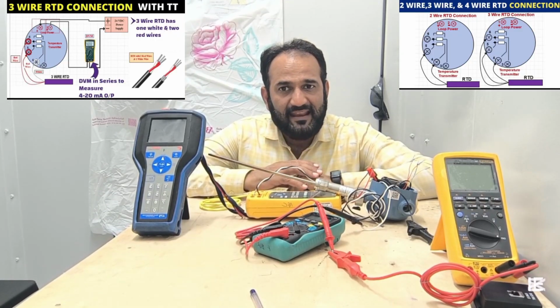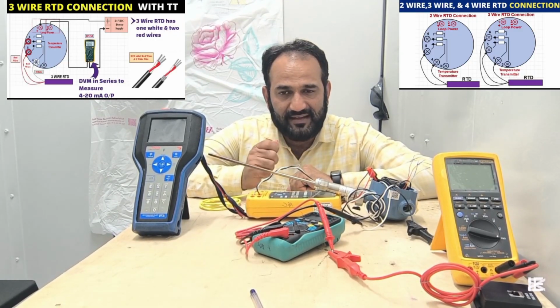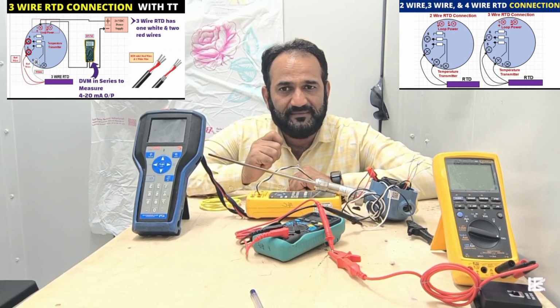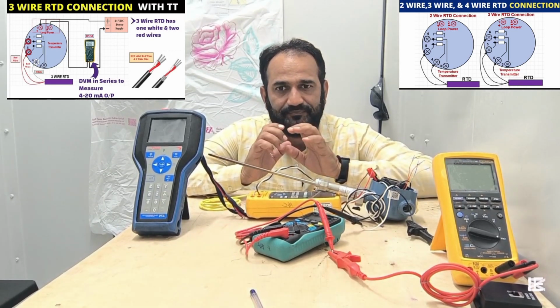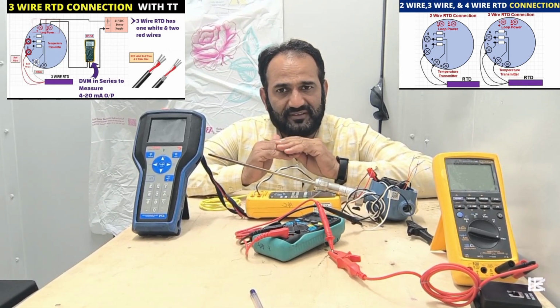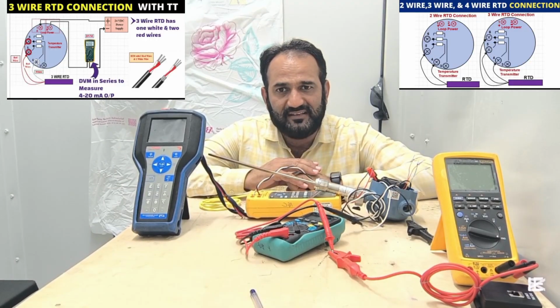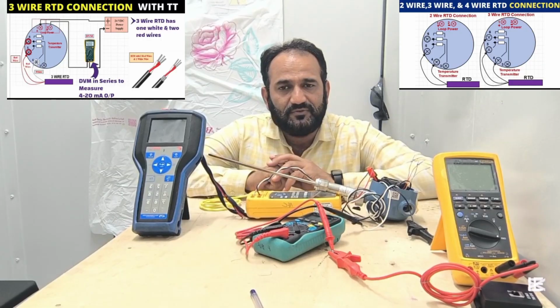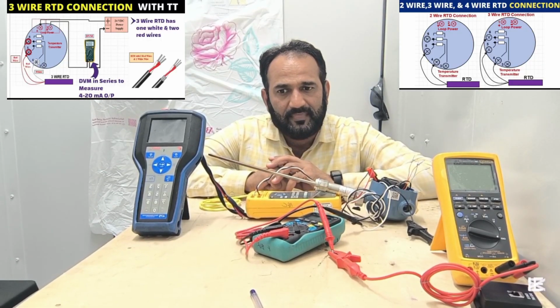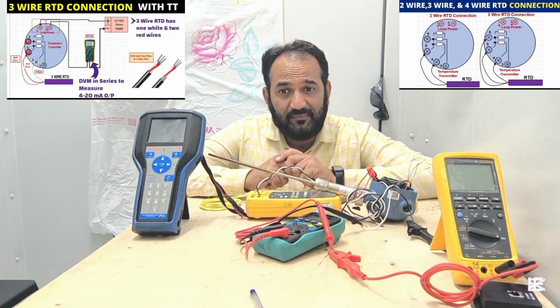We also use Ni100 and Ni120. Ni means nickel, and when we use the Ni model, its range is minus 60 to 180. And we also use the copper RTD.